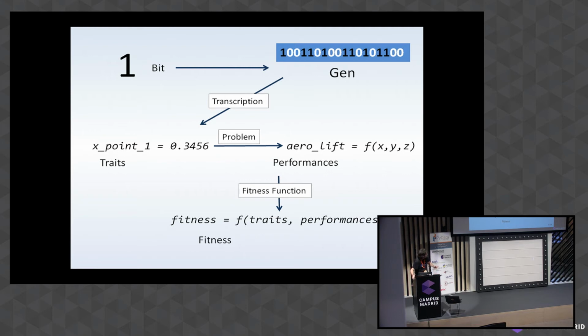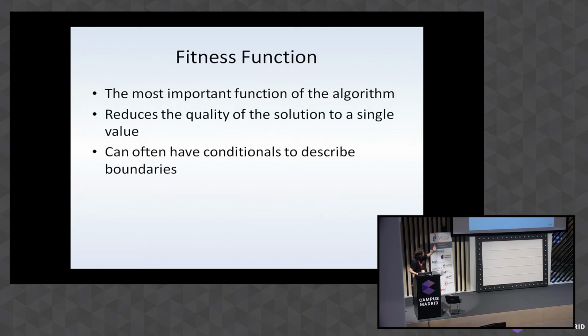And then the last step is to get a final fitness function, which will compress every performance into a single number. Okay, the fitness function is the most important function in the whole algorithm, and is where you have to focus in order to get a properly working algorithm.